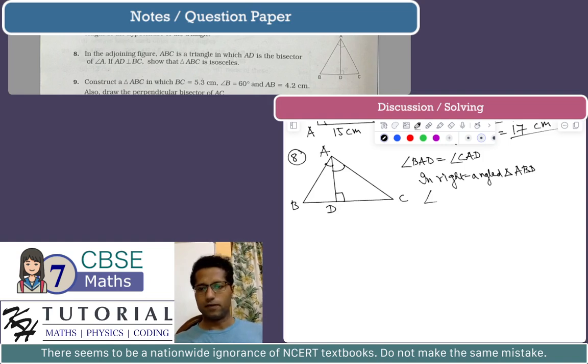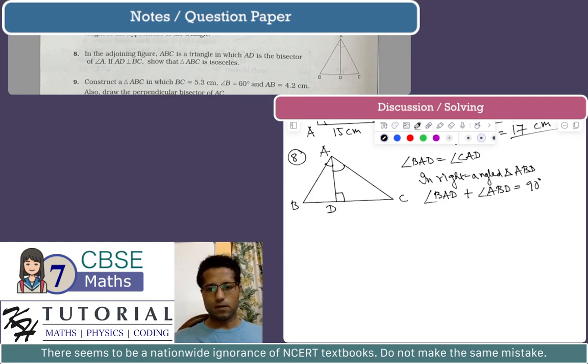So in the right angle triangle ABD, we will have angle BAD plus angle ABD equals 90 degrees.